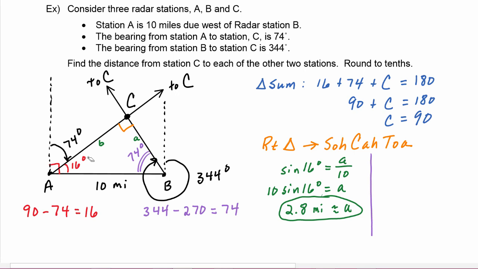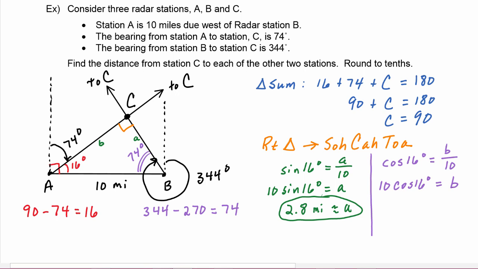So then relative to the 16 degree angle, we know b is the adjacent side, 10 is the hypotenuse, so we're using cosine, and we would say that the cosine of 16 degrees has to equal b divided by 10. Cross multiply up that 10, so now we have 10 times the cosine of 16 degrees has to equal b.